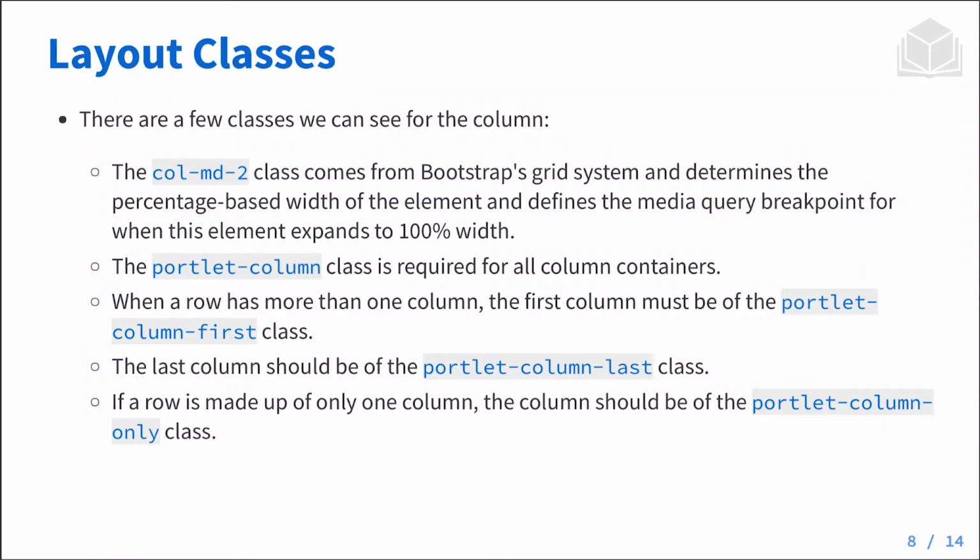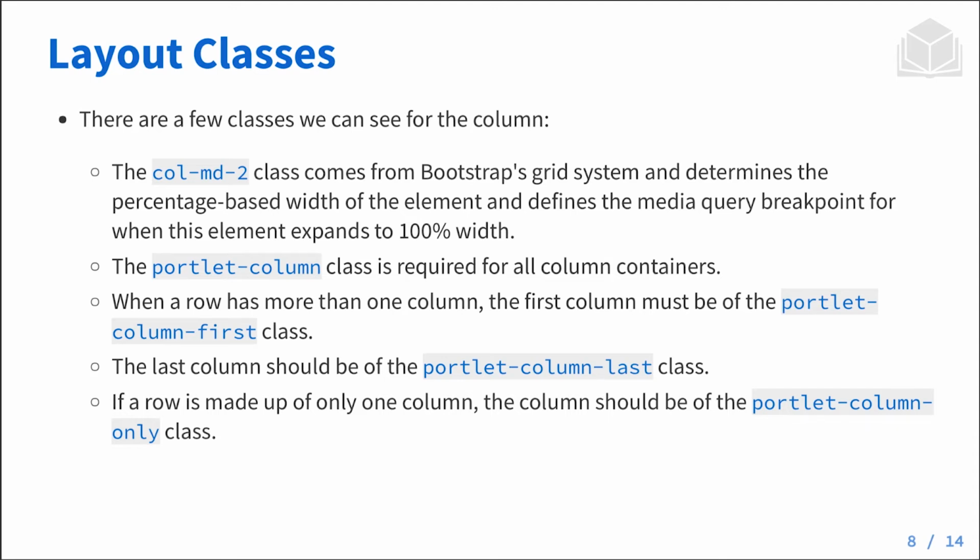Now there are some classes that are required to be used in a layout. If you're using that graphical editor, you don't necessarily need to worry about this. It's just going to generate all of this for you, okay? We have the Bootstrap grid classes, which determine the size of the columns. We have the portlet-column class. This is required for all of the column containers that need to be set in that processor.